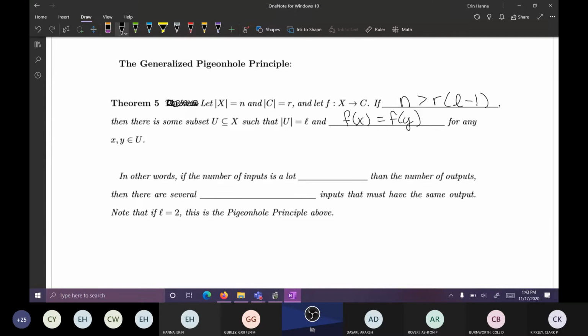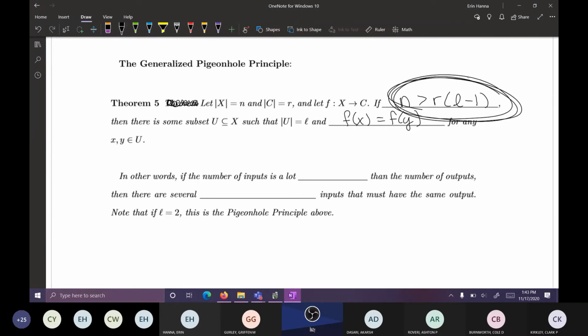So essentially what we said last time is there's at least 2, and this is extending it more to say if you have this relationship here for some number L, then you actually have L elements that must go to the same output.